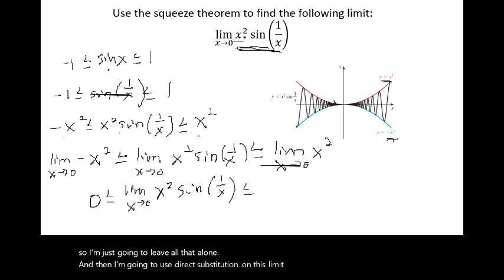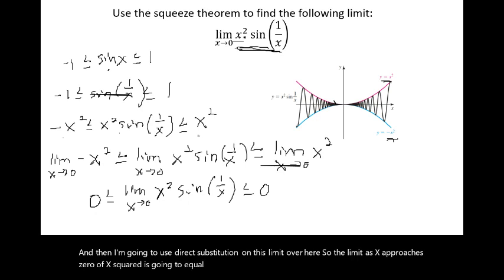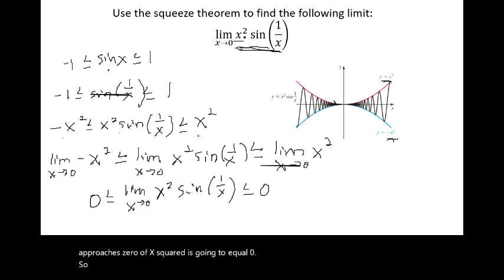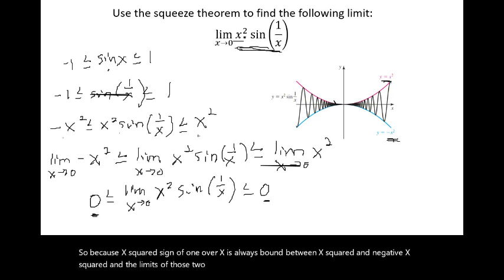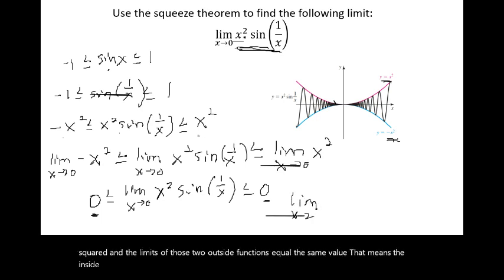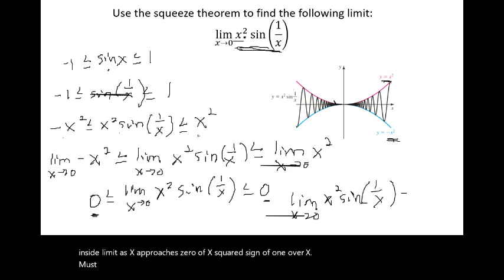So the limit as x approaches 0 of x squared is going to equal 0. So because x squared sine of 1 over x is always bound between x squared and negative x squared, and the limits of those two outside functions equal the same value, that means the inside limit as x approaches 0 of x squared sine of 1 over x must also equal 0.